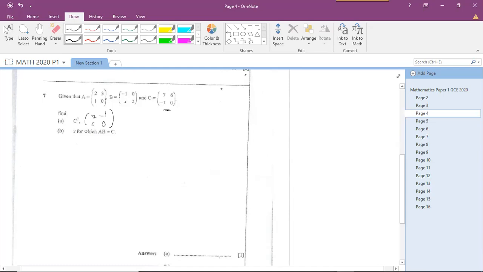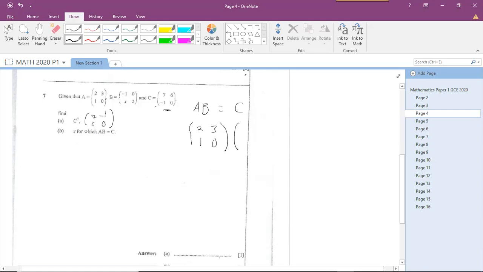The question says if you have matrix A multiplied by matrix B, it has to give us matrix C. So let's write this. Matrix A is this one, which is 2, 3, 1, and 0.